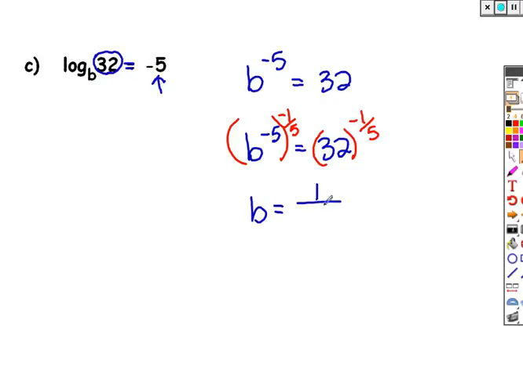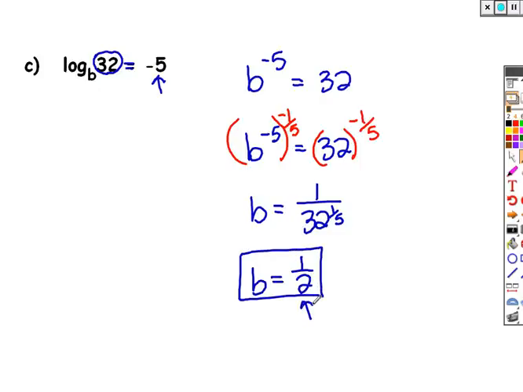Well, 32 to the -1/5 would be the same as 32 to the +1/5. Cross the line, change the sign on the exponent. And 32 to the 1/5 would be 2, so your answer would be 1/2. You could feel free to type this into your calculator. 1/2 to the -5th power certainly should give you out 32, which would make this original equation true.